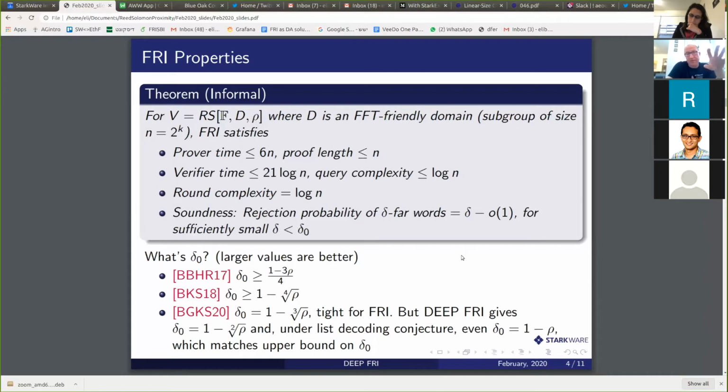But based on the work that we published this week, which I sent with Veronica, for FRI, even if you do not want to rely on the conjecture and you want to go to the proven results, what you would need to do, in the worst case, is go to a degree 2 extension field and double the length of your representation of a field element, and double the number of repetitions of your query protocol, and that's all.